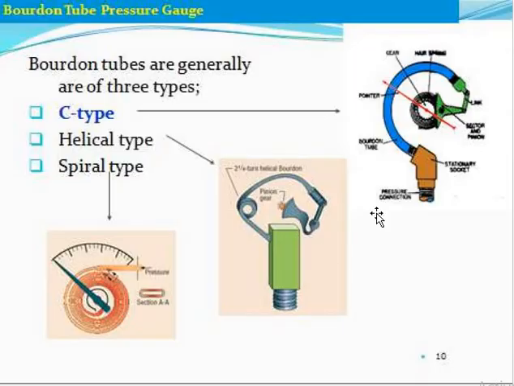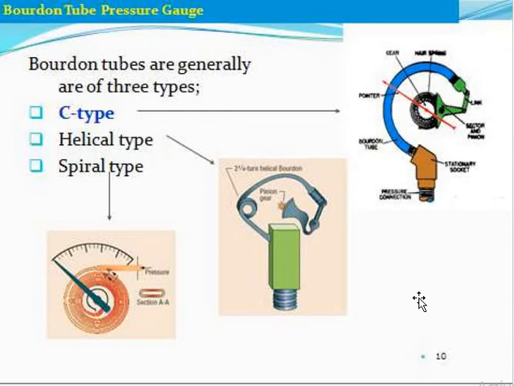Now we will see some other types: the C type, the helical type, and the spiral type. In design of machine elements also I told you about it. The C type means a C frame will be there, and we connect it and measure; we use it for very small pressures.